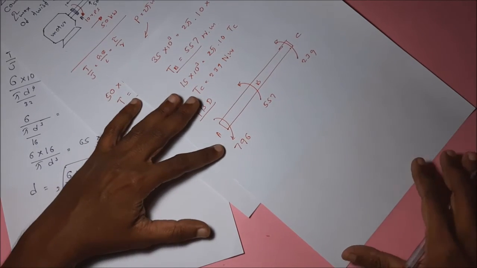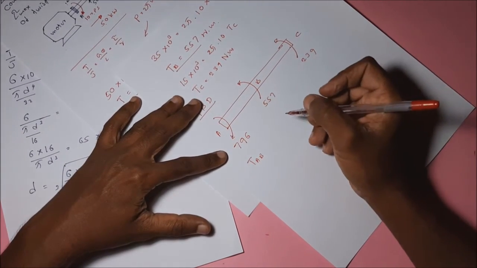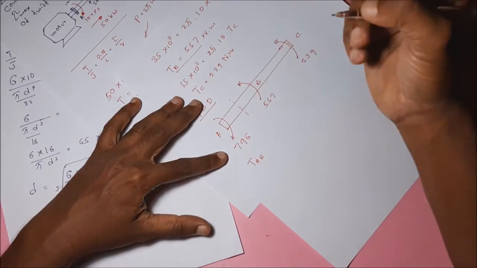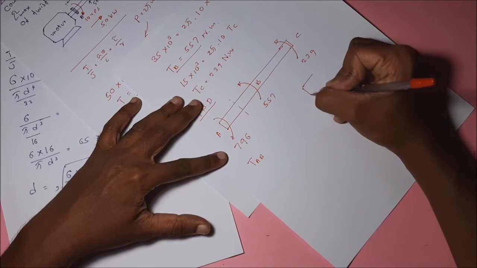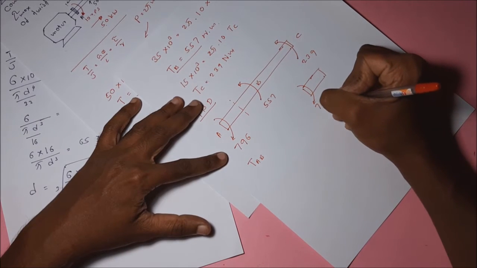So then I'm going to find the TAB. What is the torque developed in the AB shaft? So what is the method we are using? We are going to section. Then I'm going to consider the left hand side part. What is the torque applied in this end? 796.